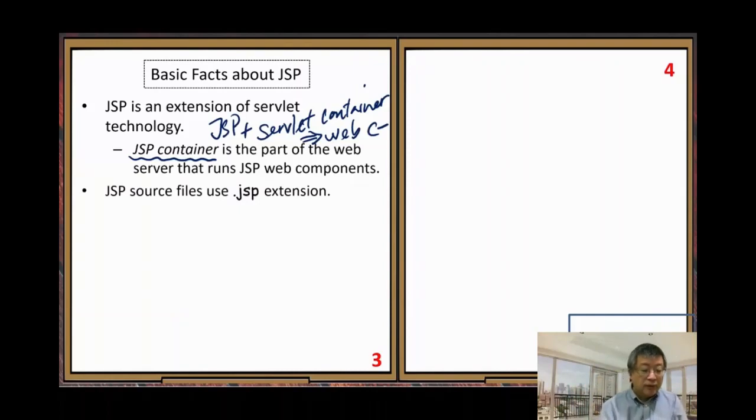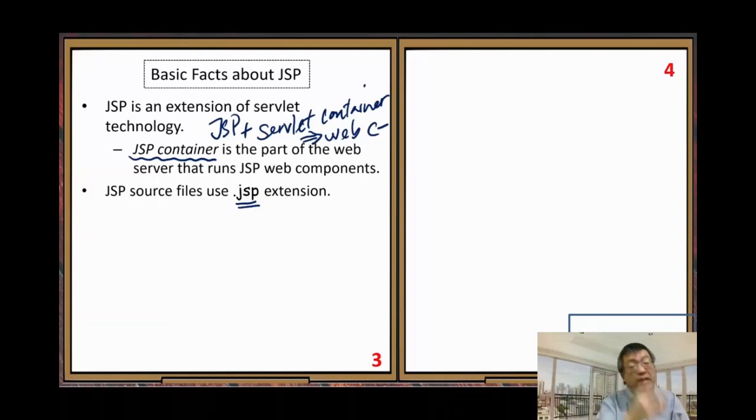Next, the JSP source file. The source file just uses the .jsp extension. This extension is important. Otherwise, if you use a different extension, it will not be treated as a JSP file.